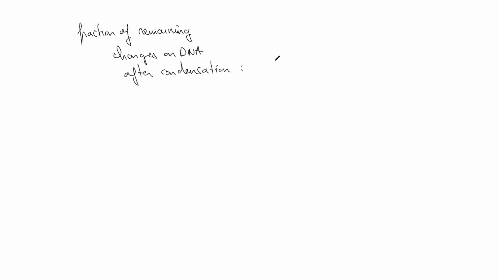So it's 1 over Xi. And remember, we are in a situation where Xi is bigger than 1. So if Xi is very big compared to 1, then at the end you have a few charges left on DNA in a relative fashion. You have a lot of charges that have been screened by the fact that you have plenty of counter ions coming on DNA. Is it clear?